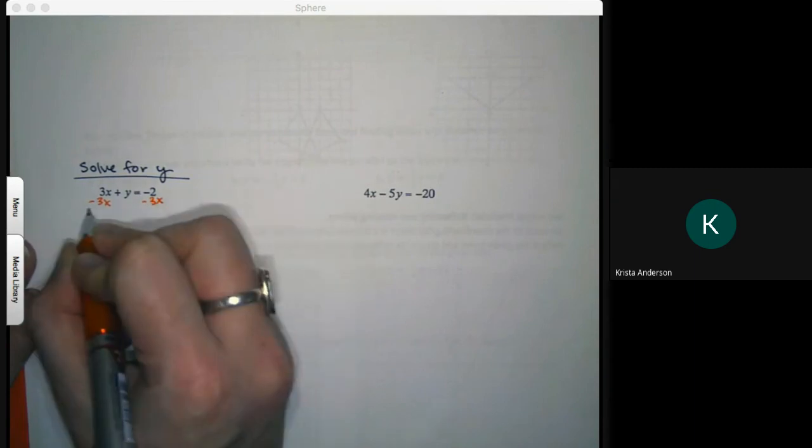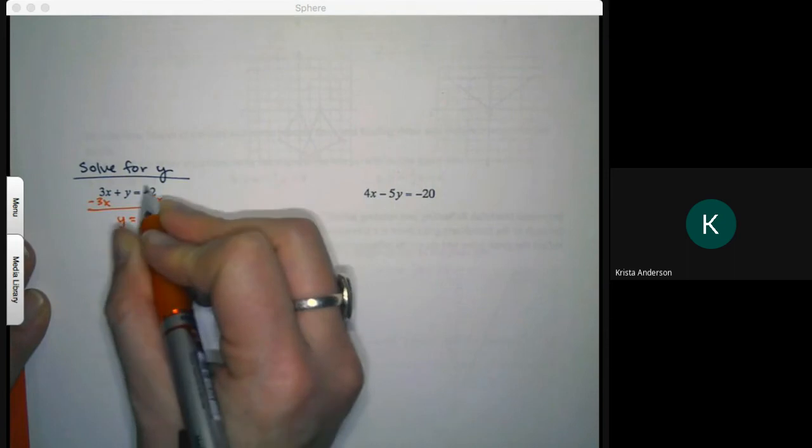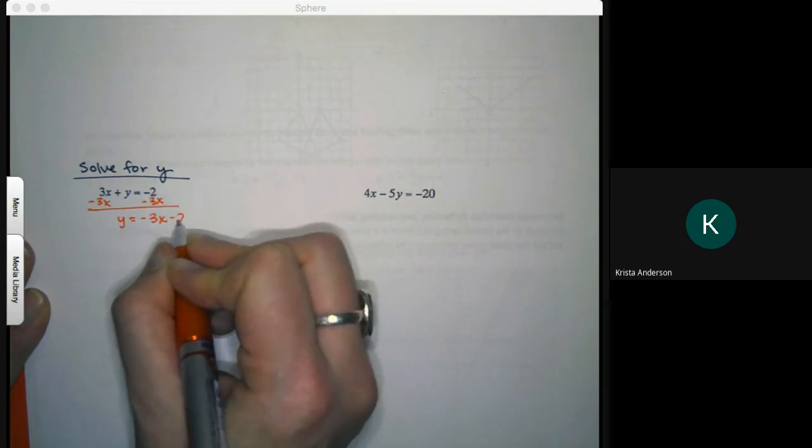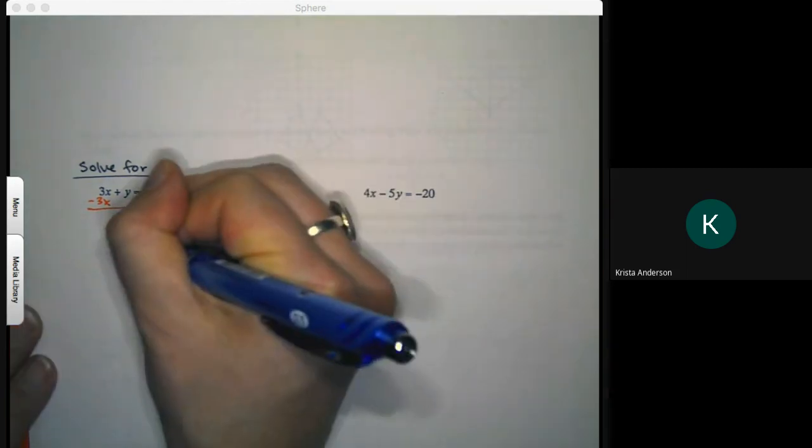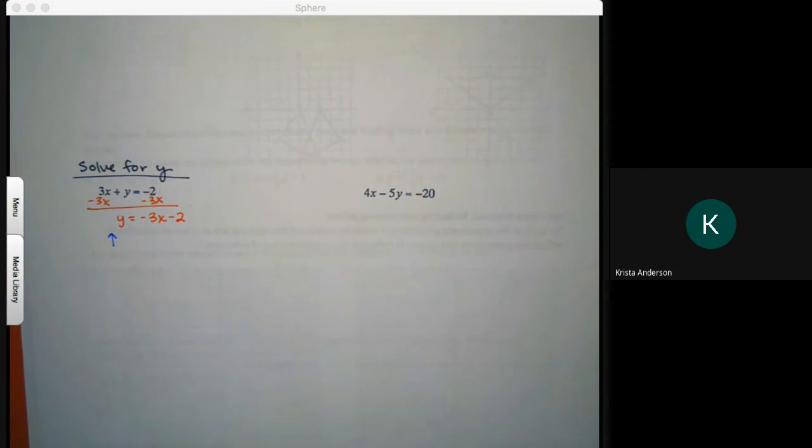If we are solving for y, that means I want to move the x away. So my positive 3x will change to a negative 3x. This is a minus 2 that stays attached onto the negative 3x. Then, do I need to divide by a number? 1, but it's done. 1 wouldn't change it.